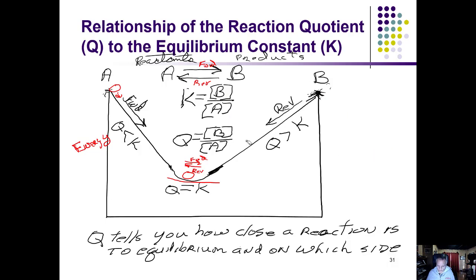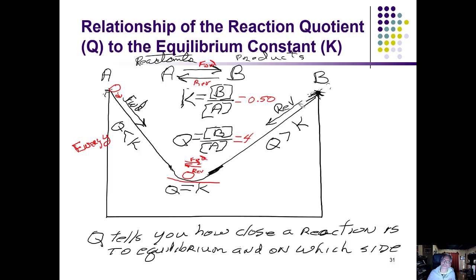So let's go back to our little diagram here. What we've said is that this reaction quotient is 4. The equilibrium constant is 0.50. This means that in our reaction quotient, our product concentration is too large and our reactant concentration is too small.